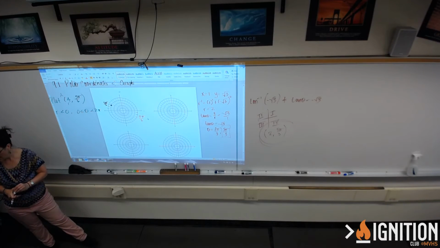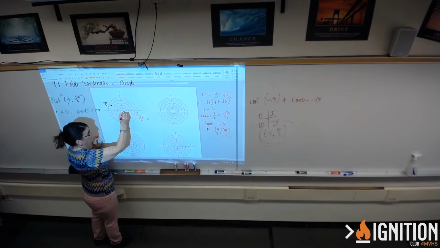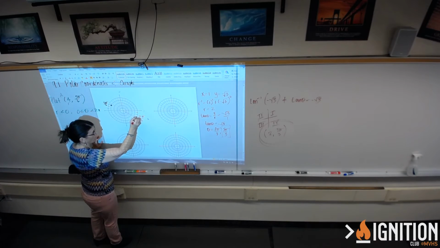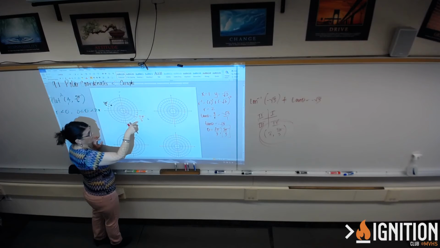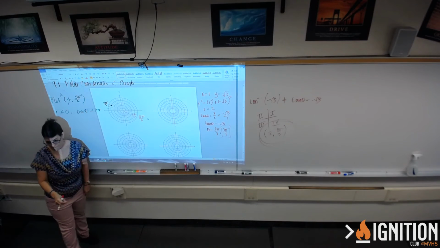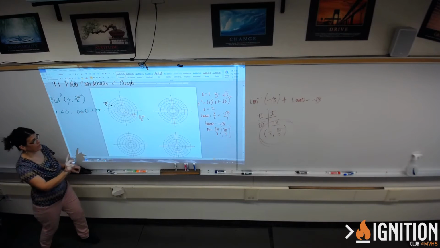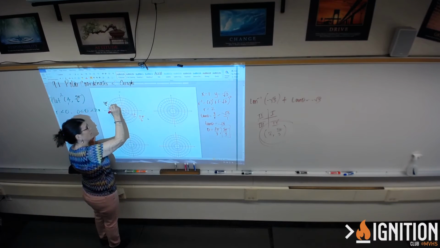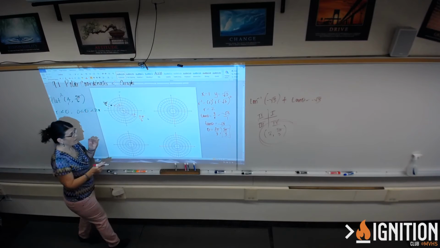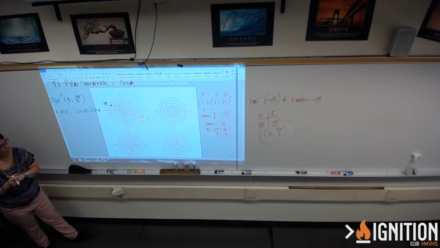Instead of from the origin going towards 5 pi over 6, this would be positive 11 pi over 6. Negative means go the opposite direction. So how can I write that point?